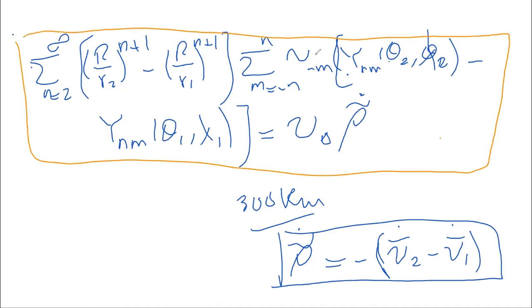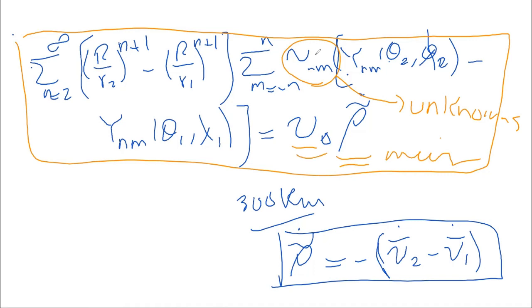I have an observation equation, and V n m are the unknown parameters, and this one is the measured. The average velocity of the satellite, we know it, we can compute it. And the range rates between these twin satellites are measured precisely.